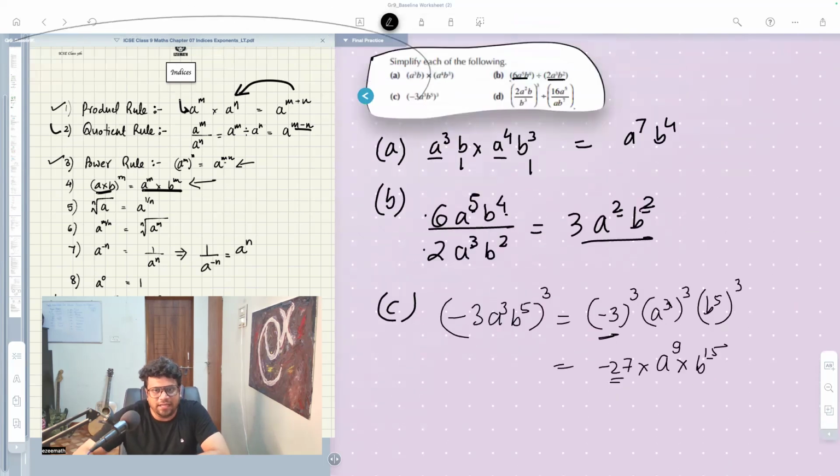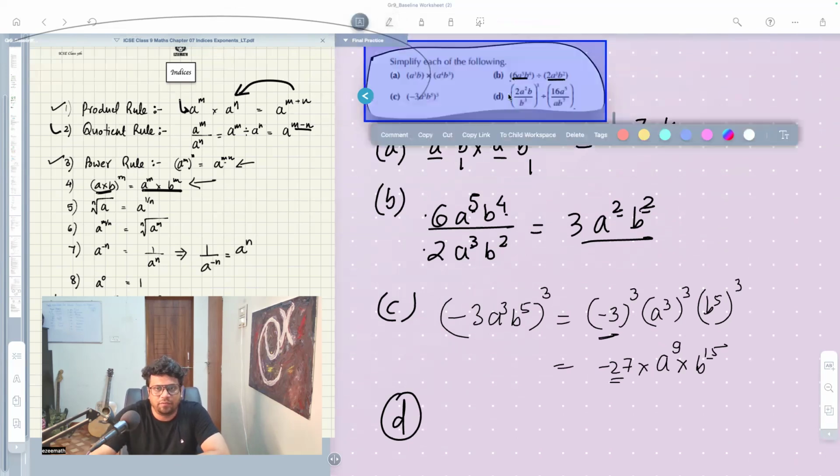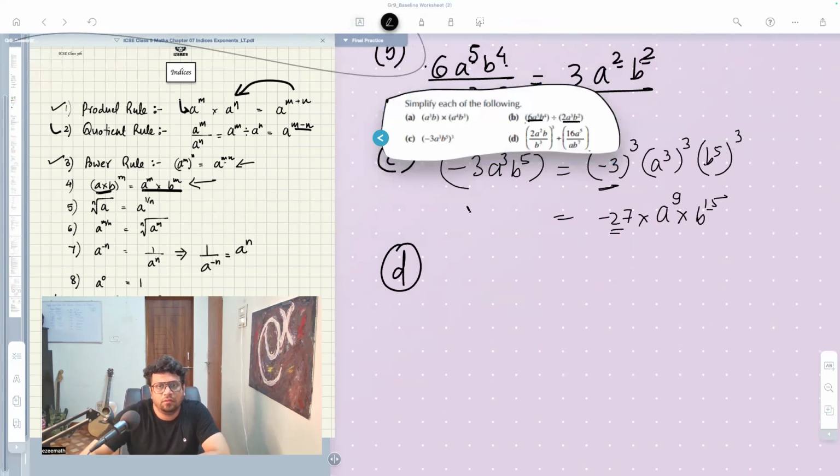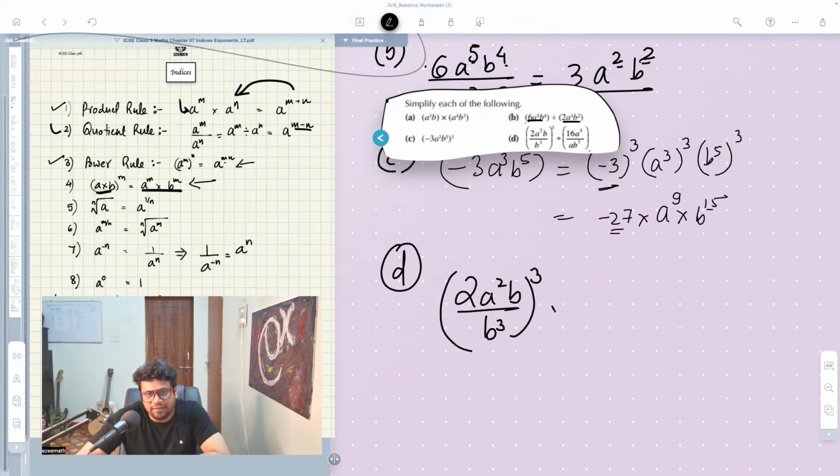Let's look at part D now. Part D is where you have (2a squared b divided by b cubed) to the power of 3, divided by 16a to the power of 5 over ab to the power of 7.